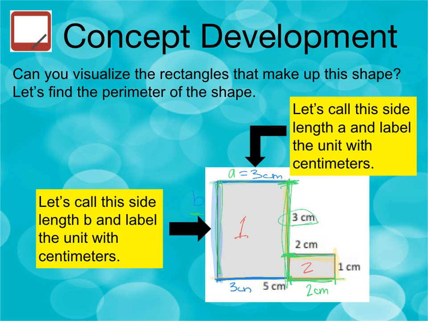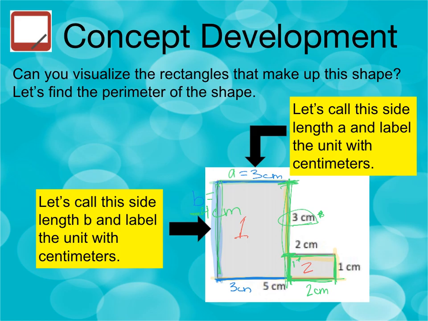And I know that this section from here to here is the same as this section, has the same measurement, and that one is 1. So I can add 3 plus 1 equals 4. So side length B would be 4 centimeters.